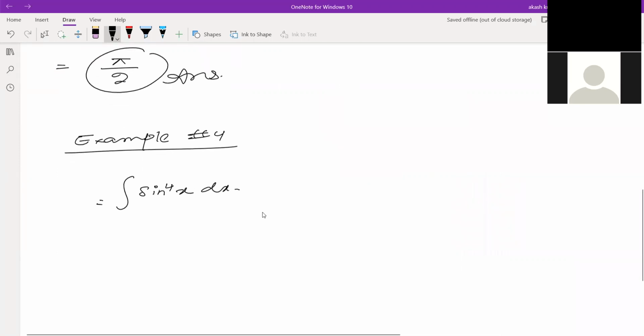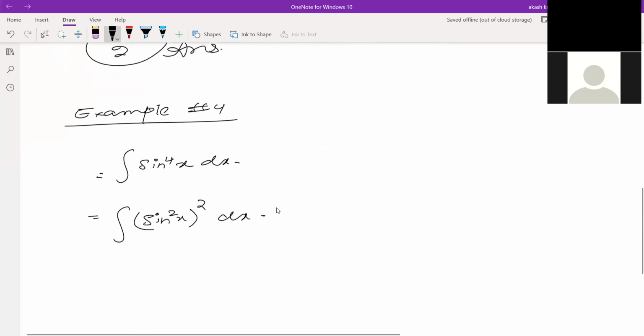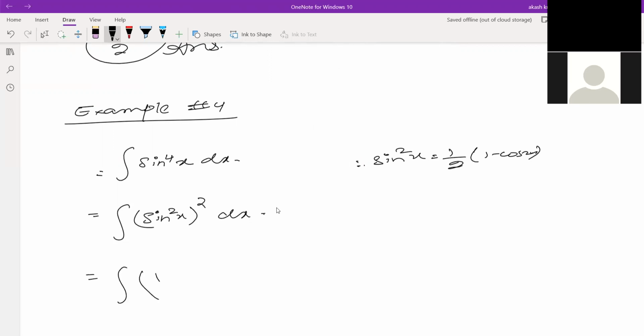Can I write my function in this form, sine square x whole square dx? And I know what sine square x is, which is half of 1 minus cos 2x. So I can say this is half of 1 minus cos 2x, whole square dx.